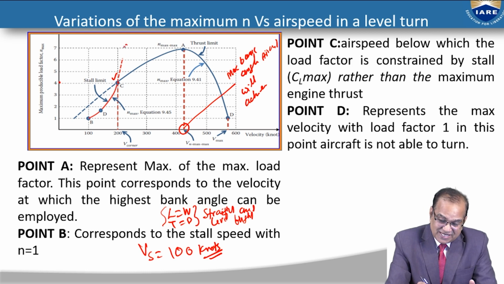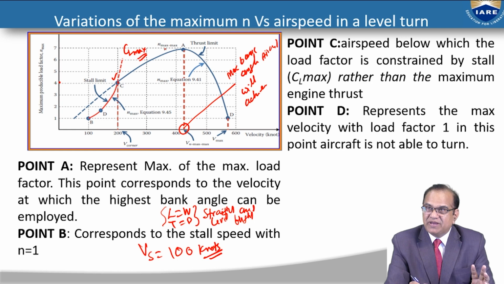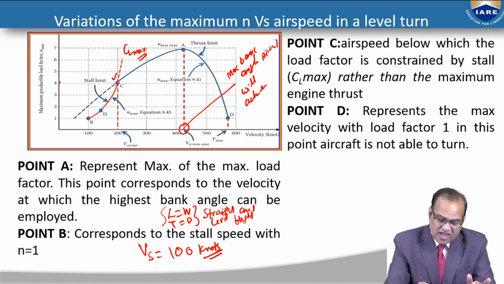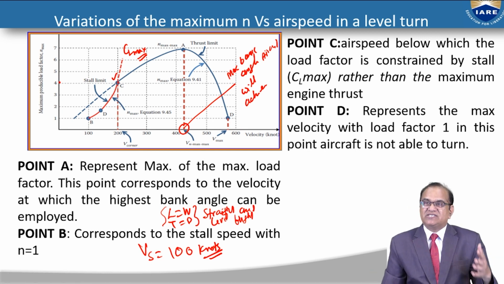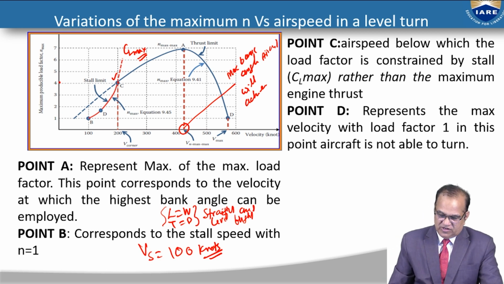It is constrained by CL maximum. Aerodynamic features matter here, not the engine; the engine feature does not matter. If you are flying here, your CL maximum should not be exceeded, otherwise your aircraft will start falling down.